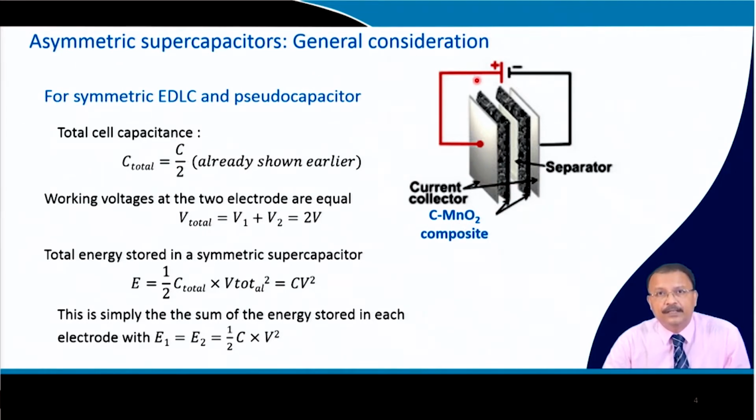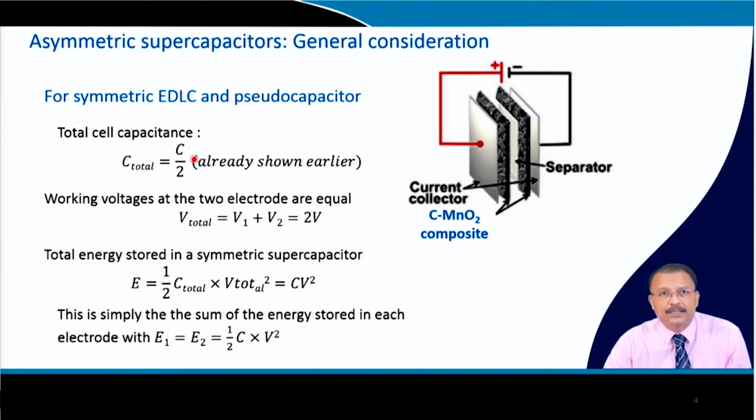Then you have a separator, which you know by this time because you know the construction of the battery. Then there is another current collector and another electrode material which is also the same material as the negative one. So, this is the positive electrode, this one is the negative electrode.